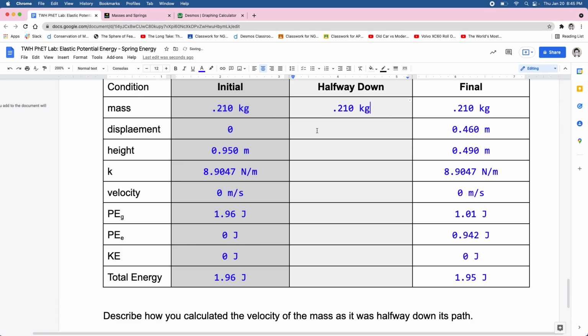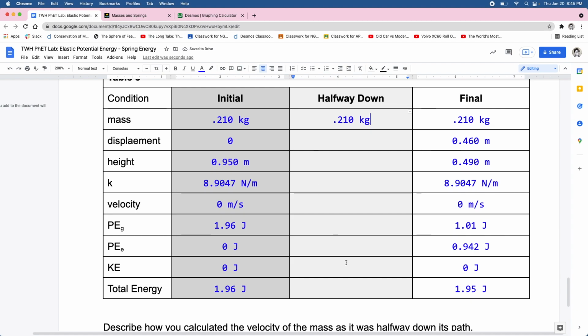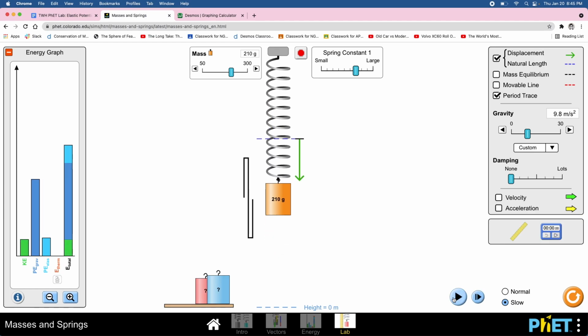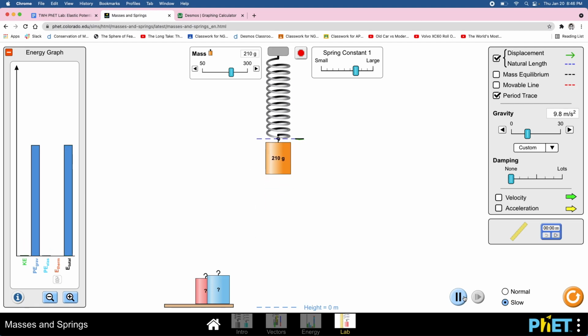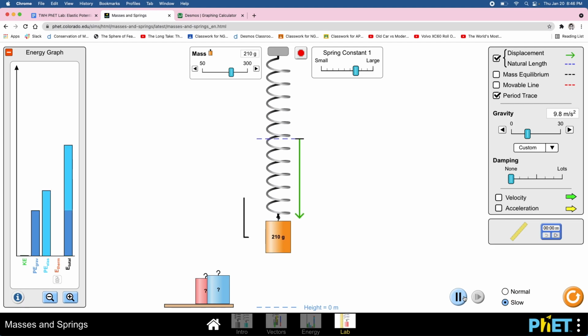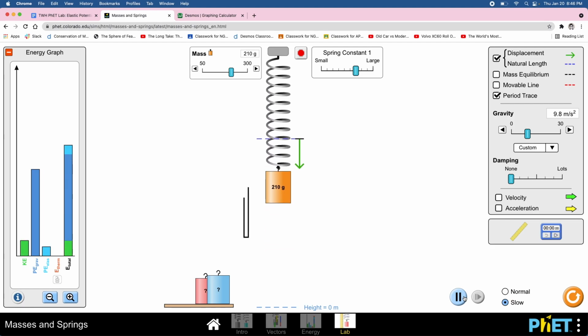And so we're going to use this table to help us identify the velocity of the object halfway down its path. So, just looking at this, it's got some motion, so we know it has some velocity, we know it has some kinetic energy. And so we're going to use our understanding of the conservation of mechanical energy to figure out what the velocity is, which is kind of a cool idea.